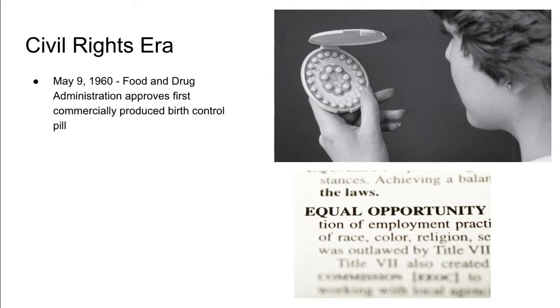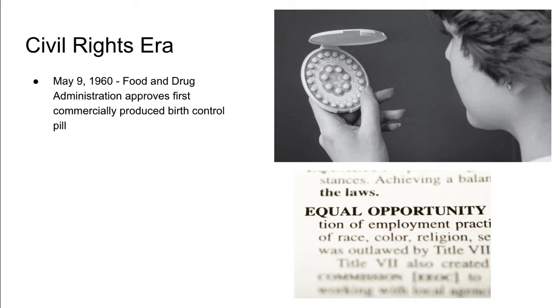So starting with May 9th of 1960, one of the biggest changes to women having a voice is the Food and Drug Administration, or the FDA, approved the first commercially produced birth control pill. You can see in the upper right-hand corner of the slide what that looks like.